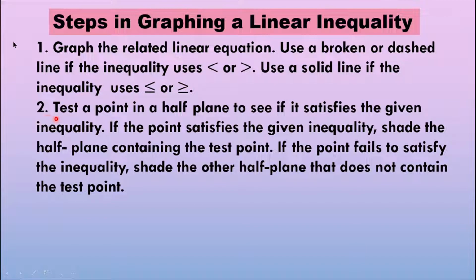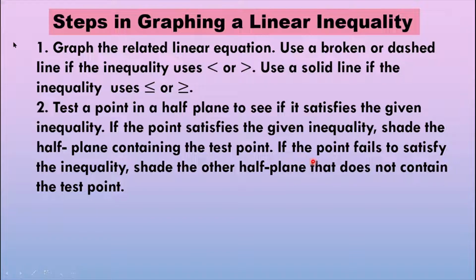Second, test a point in a half plane to see if it satisfies the given inequality. If the point satisfies the given inequality, shade the half plane containing the test point. So, pag nasatisfy ng ating test point yung given na inequality, magsishade tayo sa half plane that contains the test point.